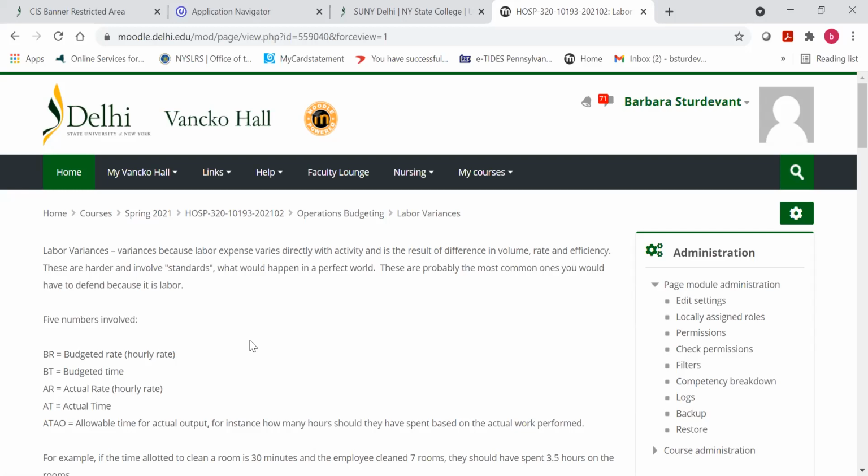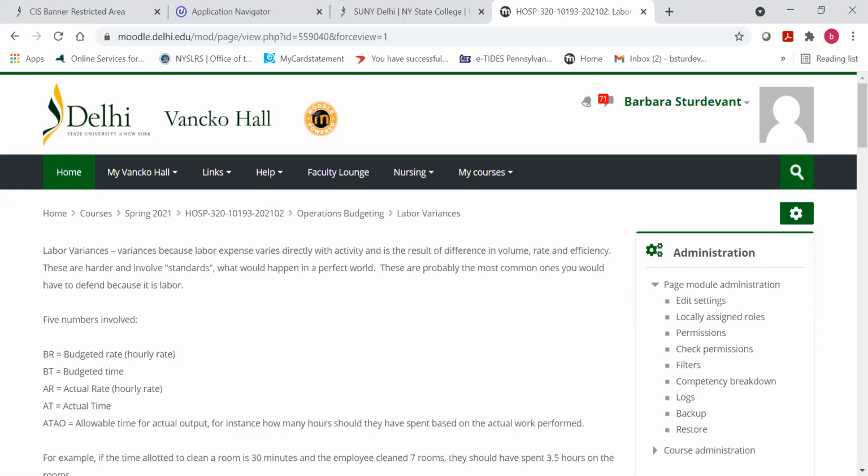If you're talking a restaurant, you should serve a certain number of covers per hour. That's your standard. What you do with this ATAO is you calculate the number of hours, if we're talking about rooms, that you should have spent based on your actual rooms sold.